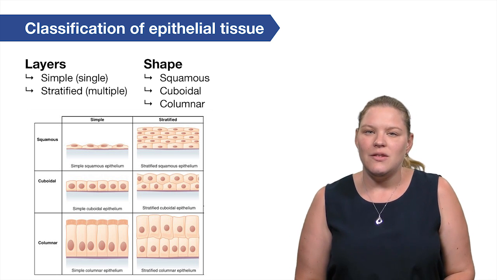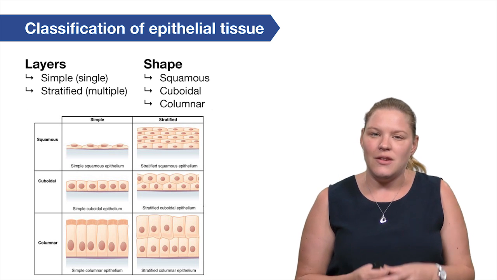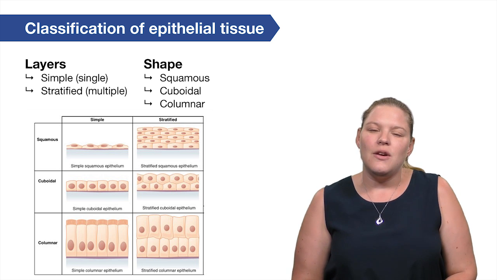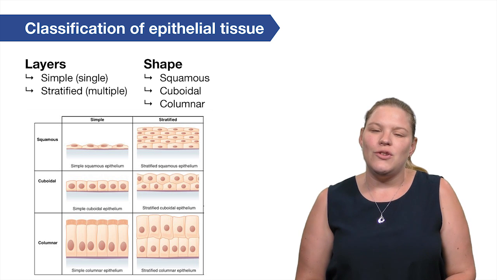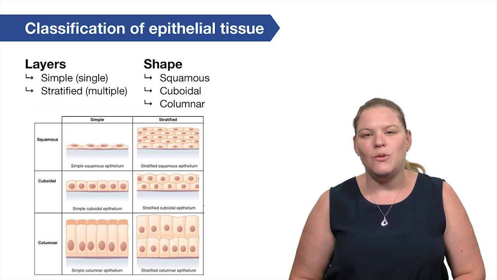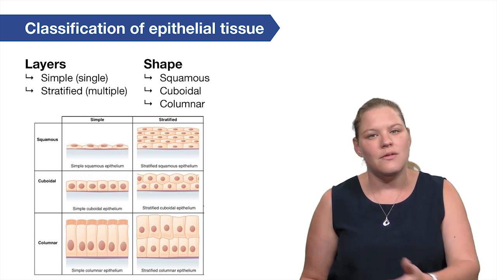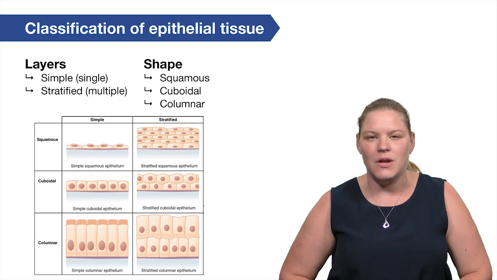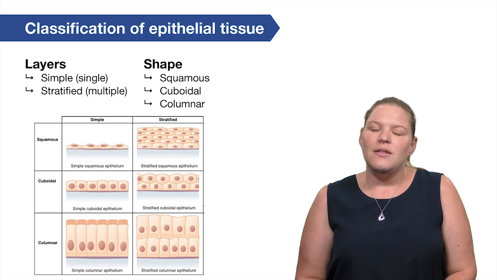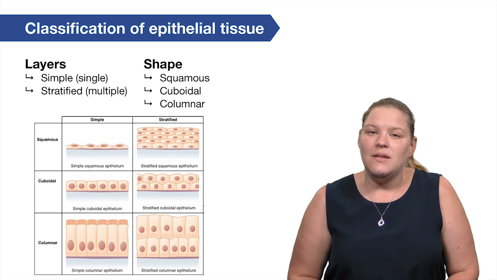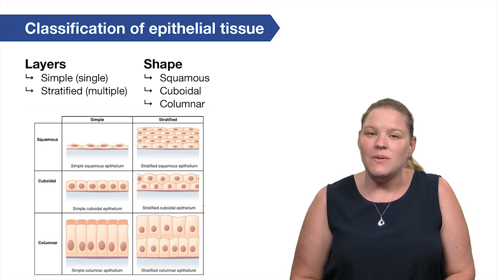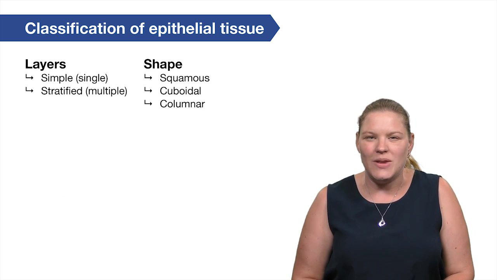Whereas the columnar tissue at the bottom is quite large, and those cells are quite large, and so it's got an increase in surface area too, which is a property we want for absorption and secretion and functions like that. So that's where you'll find those types of tissues. So the classification is just to give you an idea of the shape and the number of cells, so when we talk about them, you'll know what they are.